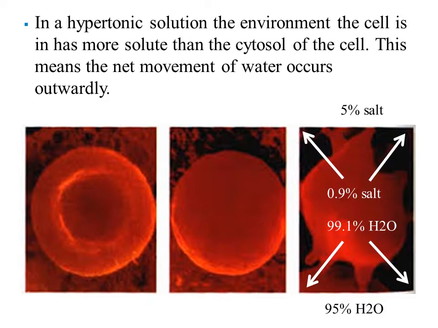So water is going to move out of the cell to dilute the high salt concentration that's outside. So the salt outside will go from 5% to maybe 4%. As more red blood cells release water, then the salt will go from 4% to 3%. As more release water, it will go from 3% to 2%.